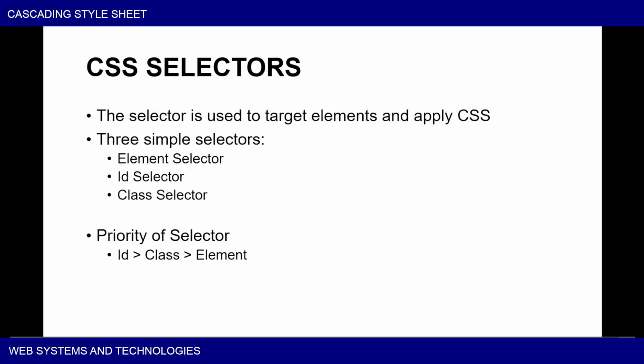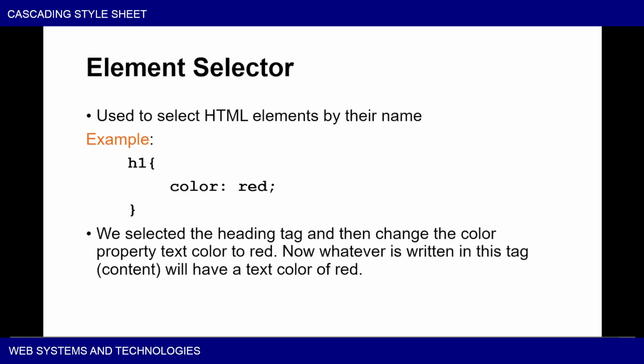So if we're going to talk about the priority of selector, we can see here that ID is the priority. Next to that is class, and then the elements. So let's talk about first what is element.